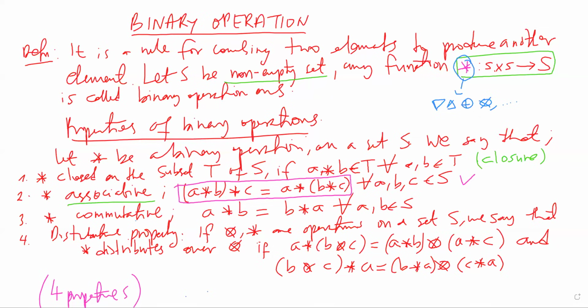If you also want to show that a binary operation is commutative, you must be able to show that the commutative property holds. And if we say that it is distributive, then you must be able to show that the property of distribution also holds.